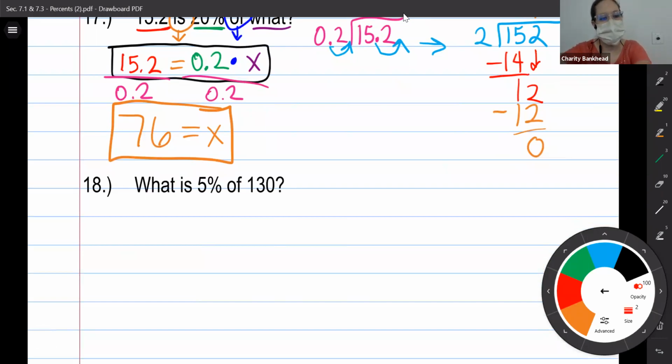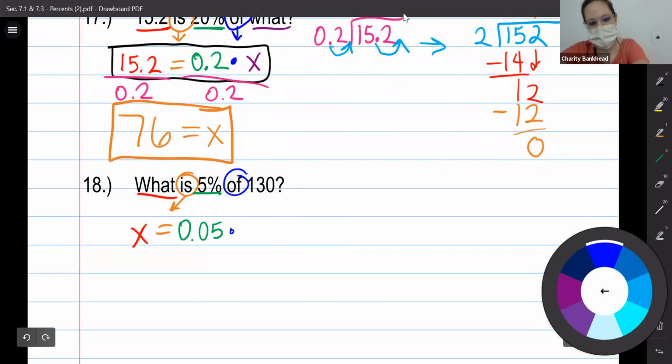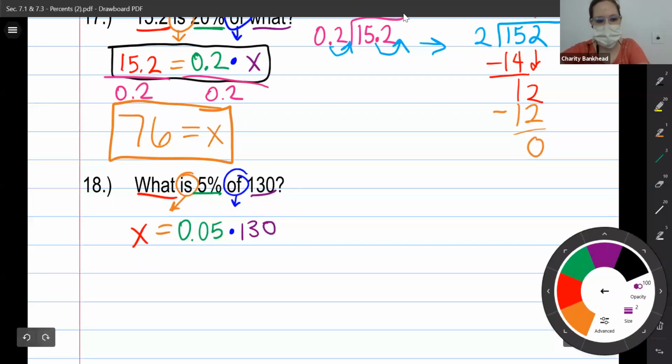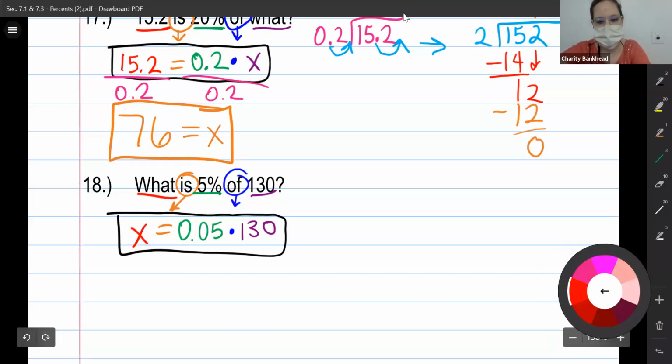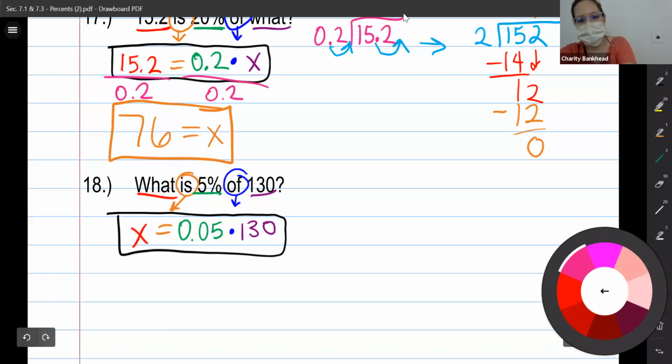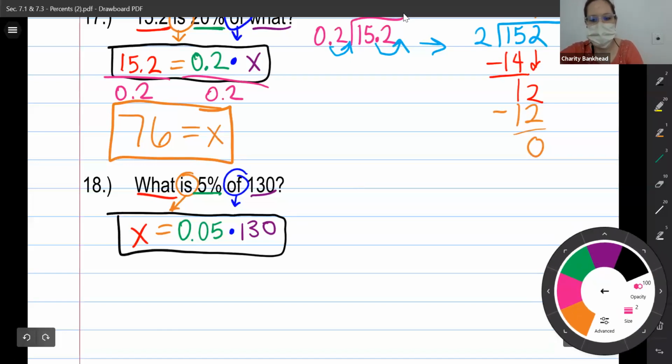All right, number 18, what is, so x equals 5%, so I'll change that to 0.05, of, so times 130. All right, so that's my equation, x equals 0.05 times 130. So I just have to multiply 0.05 times 130. So I'll start by just calculating 130 times 5.